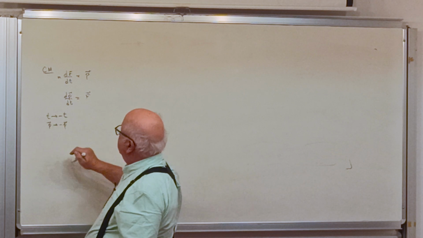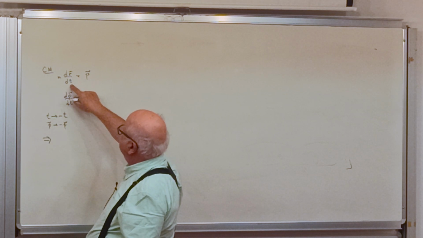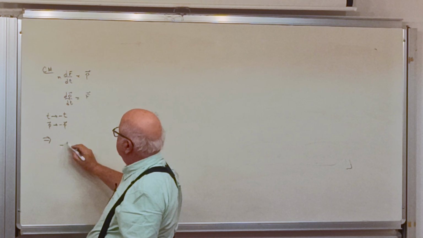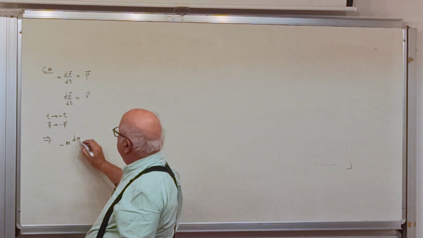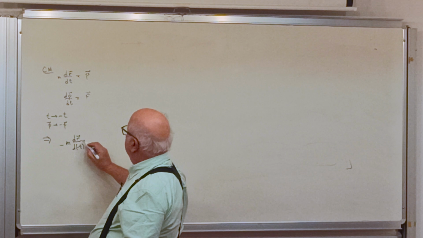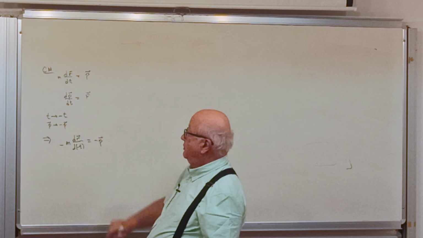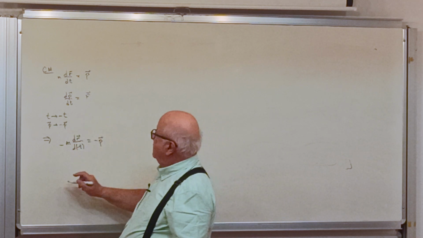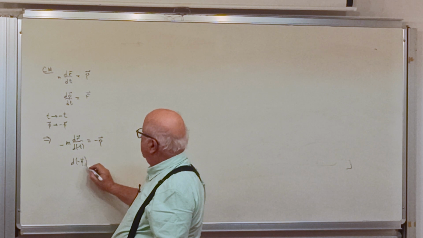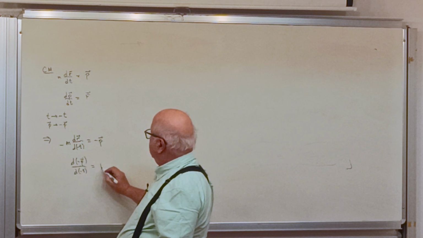Under those conditions, t goes to minus t, so I get minus m d²r over d(minus t)² is equal to minus p, because I changed the direction of p also. And I also have d(minus p) over d(minus t) is equal to f.